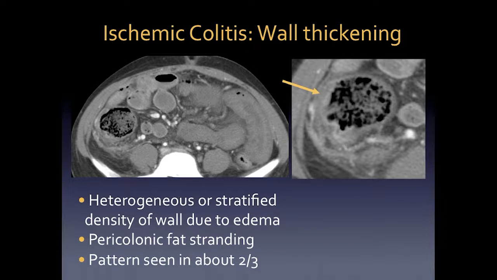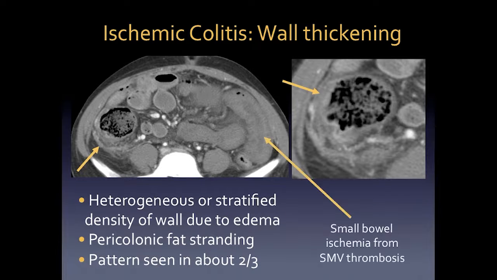So the wall looks thick. It also looks a little bit stratified. There's some edema of the wall, and there's pericolonic stranding around it. You're actually going to see this thick-walled appearance with stranding and stratification in the majority of patients with ischemic colitis. This is sometimes referred to as the wet appearance of ischemic colitis, and this is reasonably nonspecific all by itself.